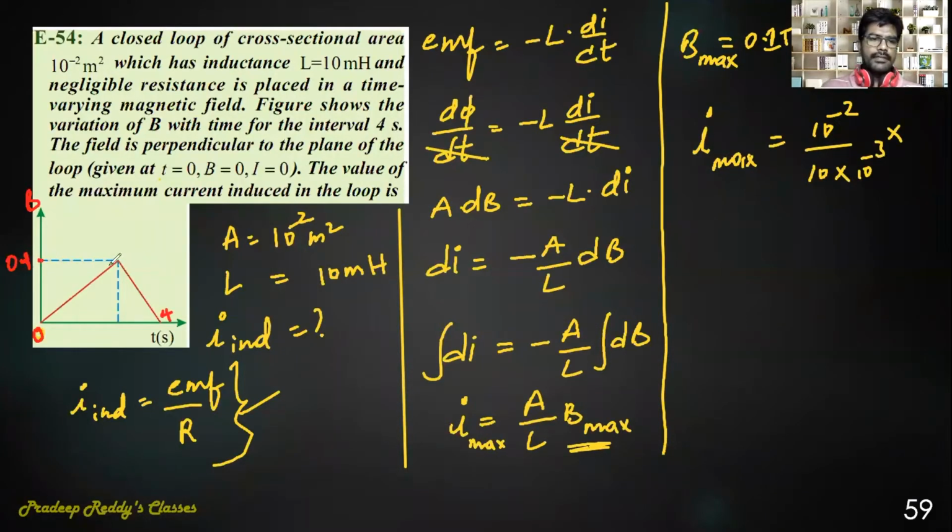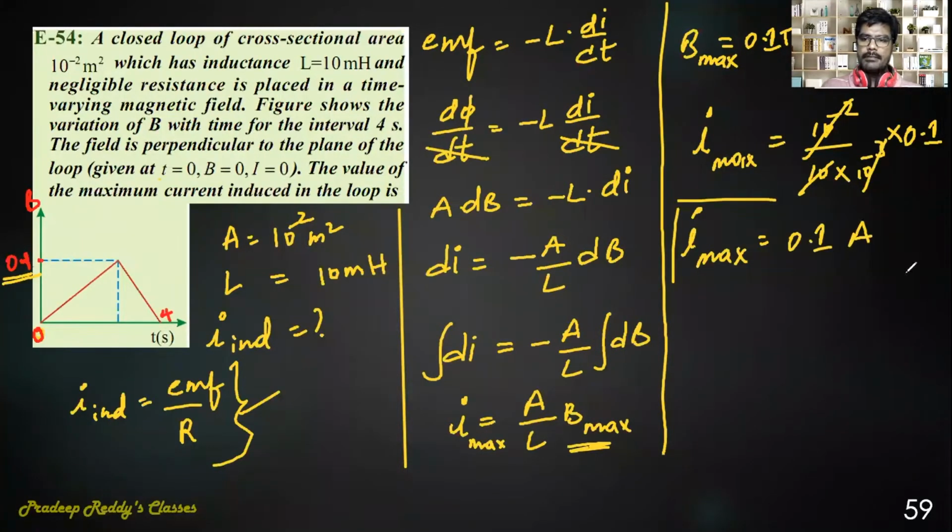The maximum value of magnetic field, sorry, not current, you can see in the graph is 0.1 Tesla. So I maximum will be equal to 10 power minus 2 divided by 10 power minus 3, into 0.1, which gives 0.1 ampere. This is the maximum current in the circuit.